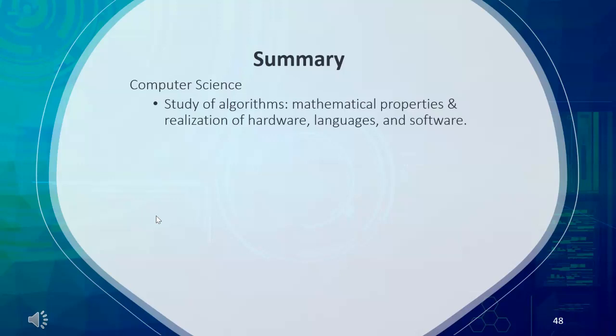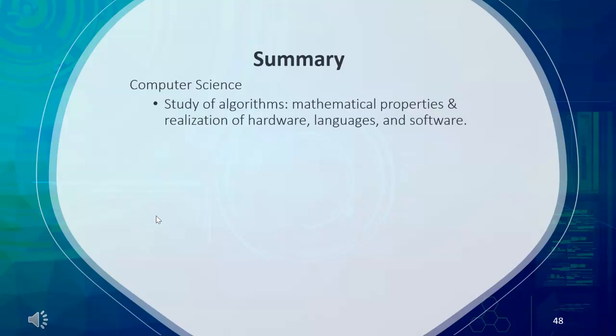Algorithm construction is based on three basic control structures: sequential, conditional, and iterative. We may use pseudocode and flowcharts to design algorithms. We do the analysis of algorithms to find and compare algorithm efficiency based on their time complexity and space complexity.